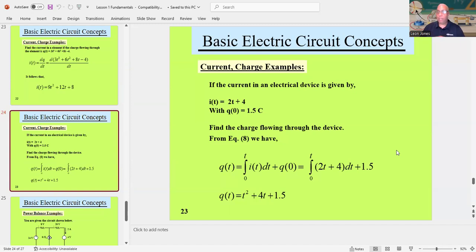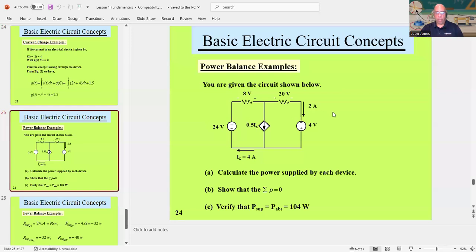That's a trick that even my professors never told me. So when we integrate 2t plus 4 dt plus 1.5, we end up with t squared plus 4t plus 1.5. That's how we integrate everything. That's calculus.